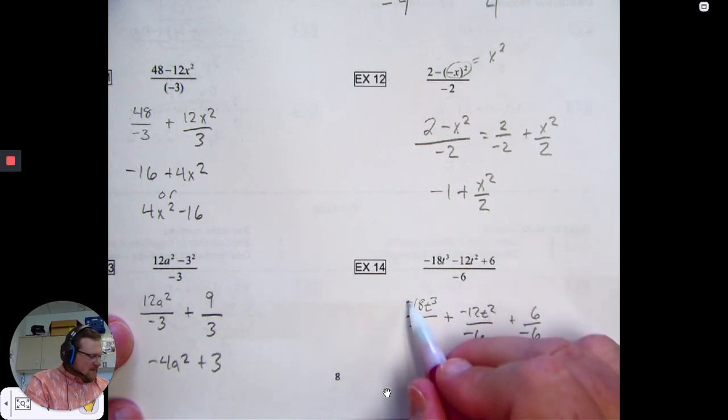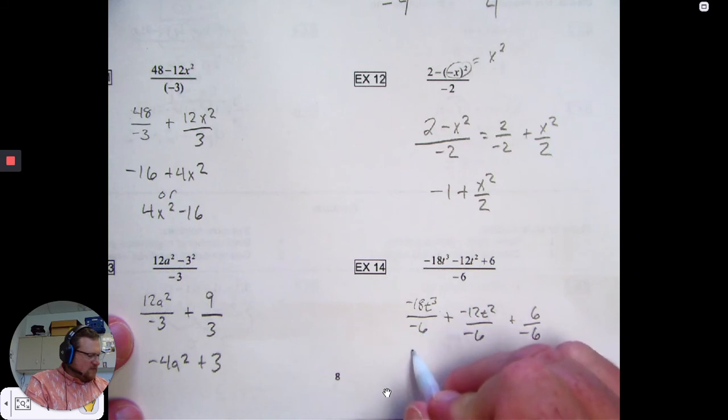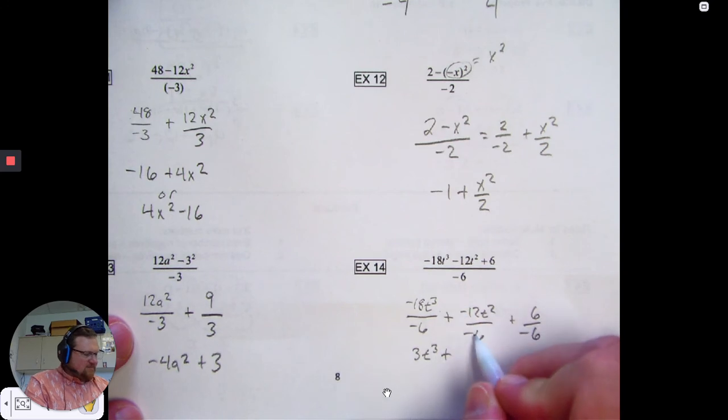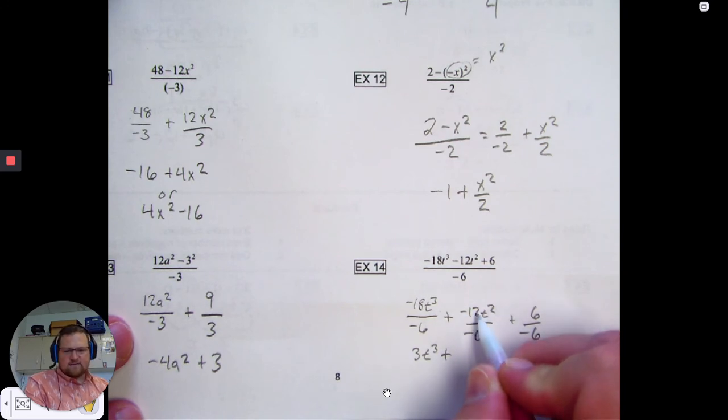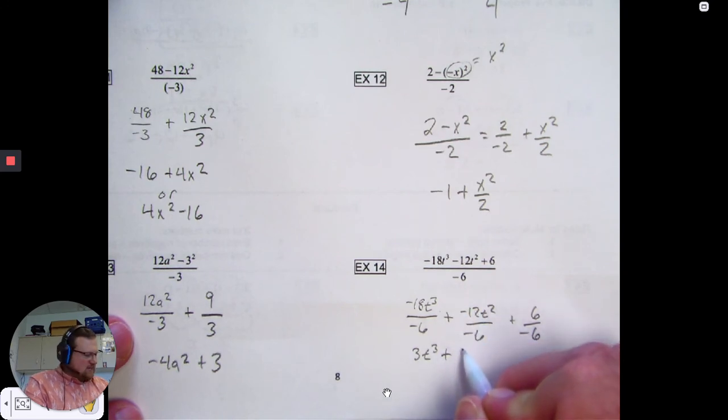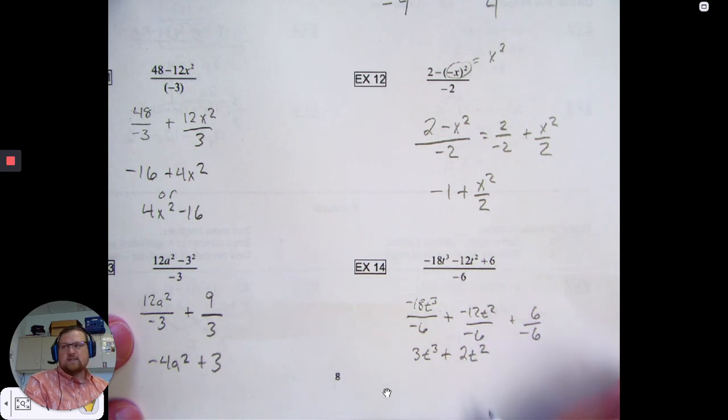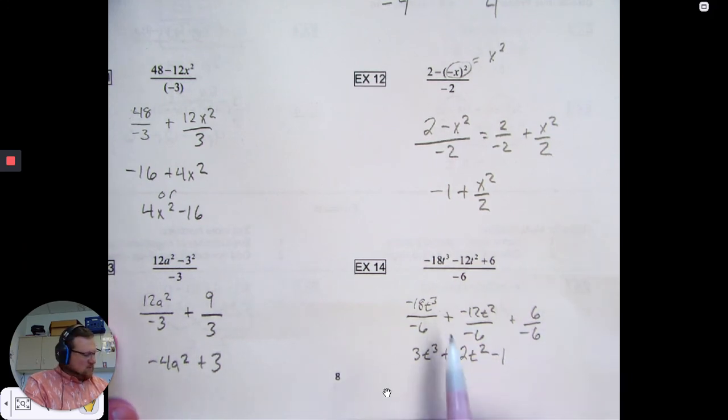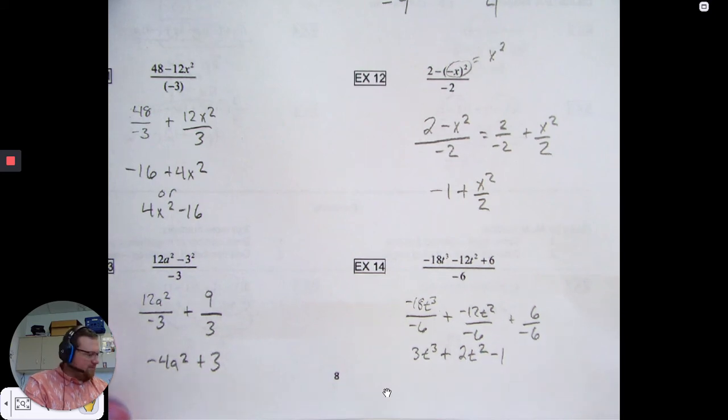So we have negative and negative that would cancel each other out. 18 divided by 6 is 3, so that's 3t cubed, plus a negative divided by a negative gives us a positive, so 12 divided by 6 is 2t squared, and then we have 6 divided by a negative 6 gives us a negative 1. So our final answer is 3t cubed plus 2t squared minus 1.